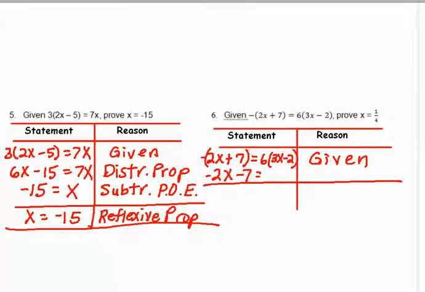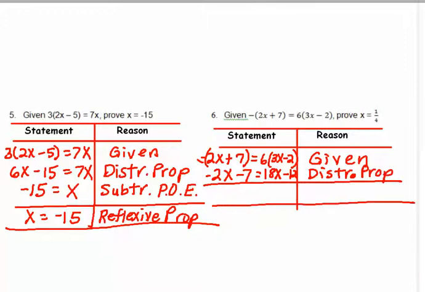I'm distributing the negative sign to both the 2x, which would make it negative 2x, and to the positive 7, which makes it negative 7. So I'm adding negative 7. I simplify that to just minus 7. 6 times 3 makes this 18x. And then 6 times my 2 is 12. Okay, I'll squeeze that in. There's my distributive property.